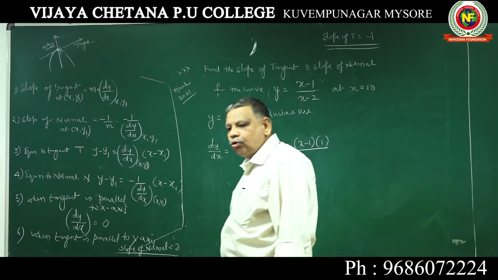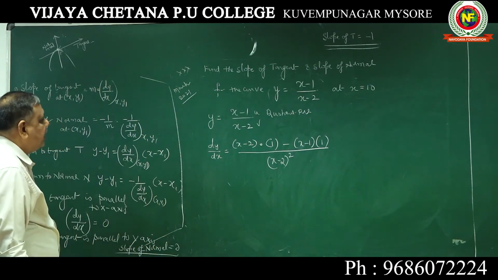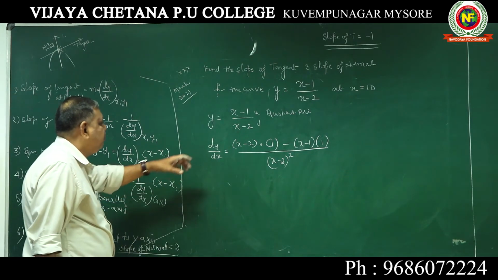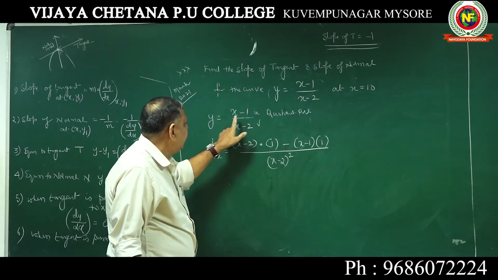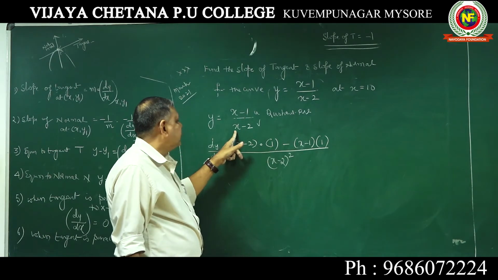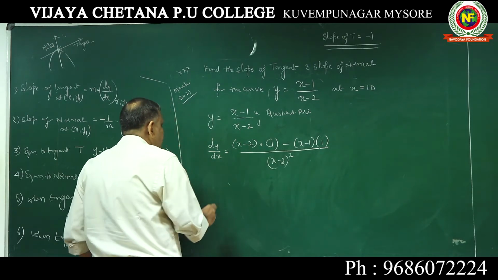You know, d by dx of u by v is v into du by dx minus u into dv by dx. X minus 2 into d by dx of x minus 1 is 1, minus x minus 1 into d by dx of x minus 2, that is 1, by x minus 2 whole square.